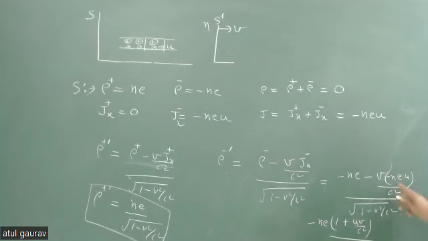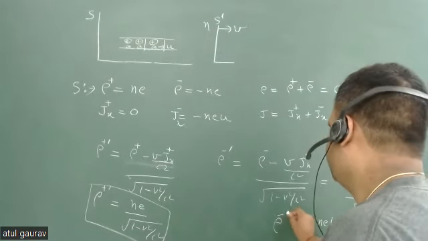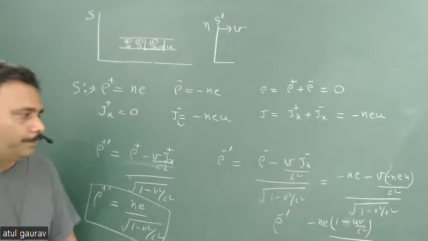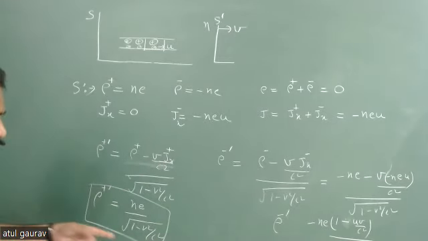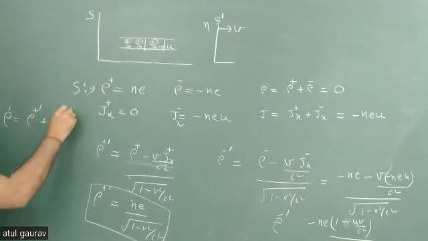Sorry, did I write it wrong? So the minus sign will be there. Okay, and this will be your rho minus dash. What will be your total charge? The total charge density, you can just add it, and then what will you get? You have total charge rho dash equal to rho plus dash plus rho minus dash.